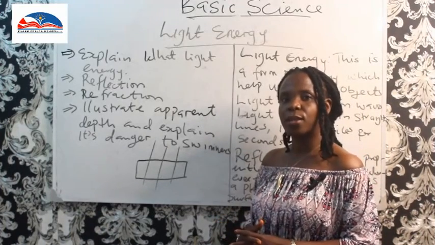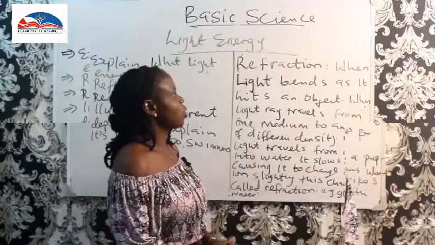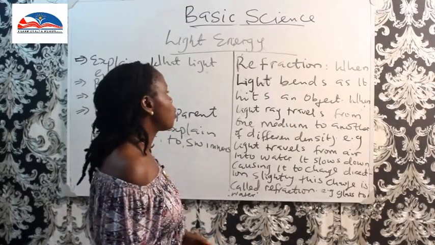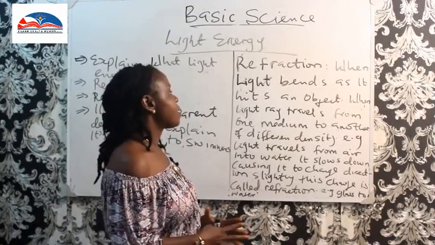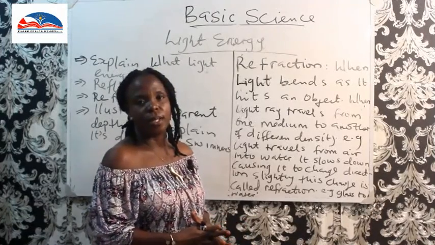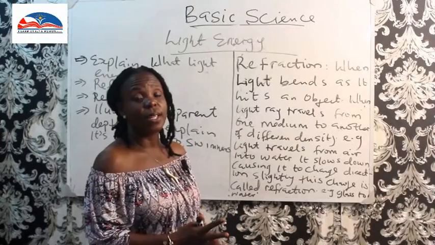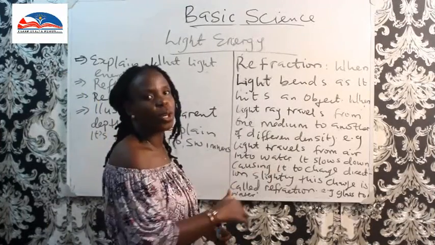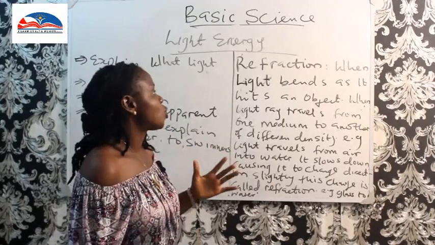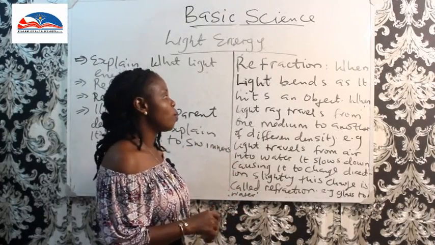Now let's look at that other aspect. Refraction happens when light bends as it hits an object. Remember that in reflection, the light does not bend. It moves directly and reflects off the object. But in refraction, the light bends as it hits an object.